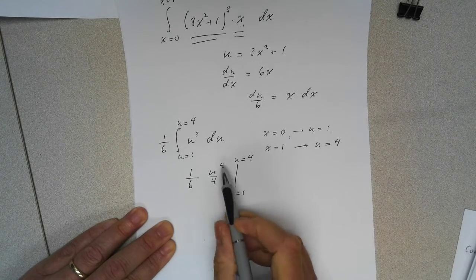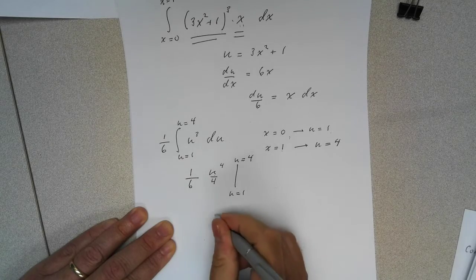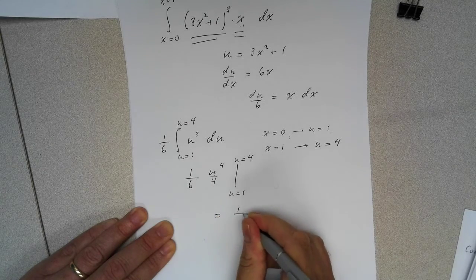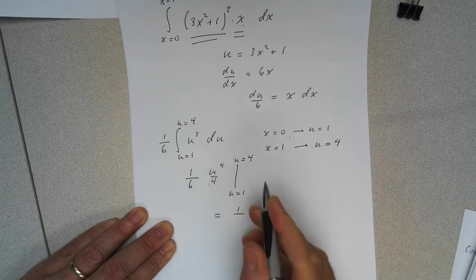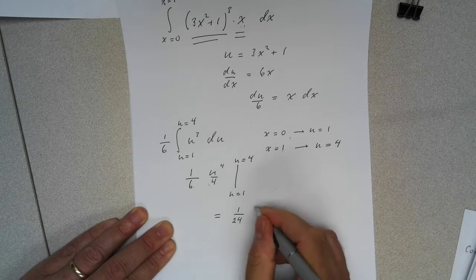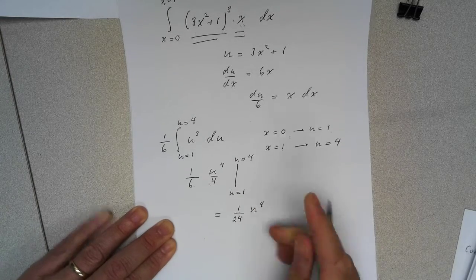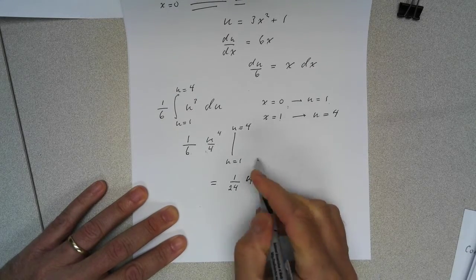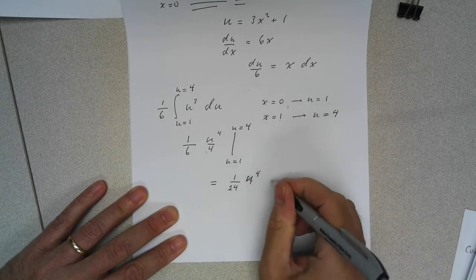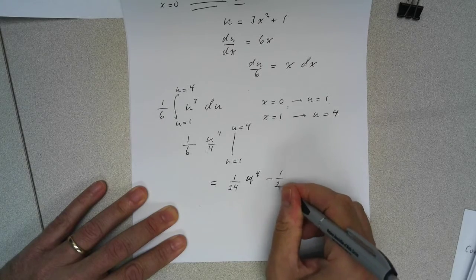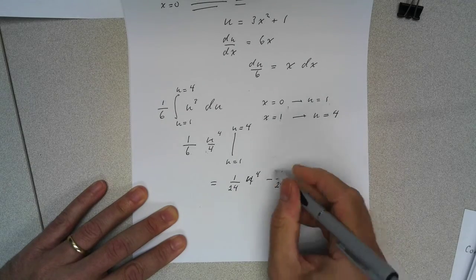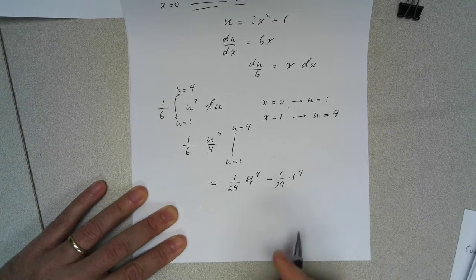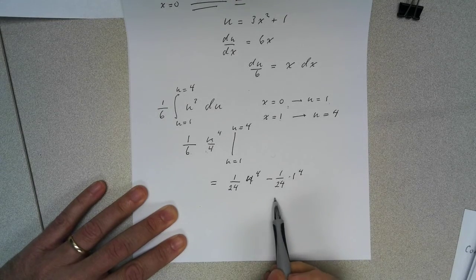We don't need to replace u with x now. We're basically done. This would be 1/24 of, I'm sorry, of 4 to the fourth if we plug in our upper endpoint, and we would subtract what we get when we plug in 1 to the fourth. And we can simplify this using a calculator or just basic arithmetic.